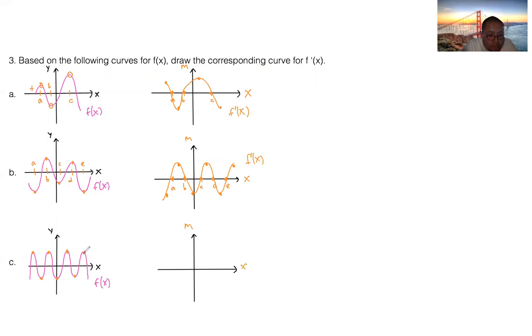So at these points, we're going to call these very similarly A, B, C, point D, E, F, and G, okay? So we have A, B, C, D, E, F, and G.